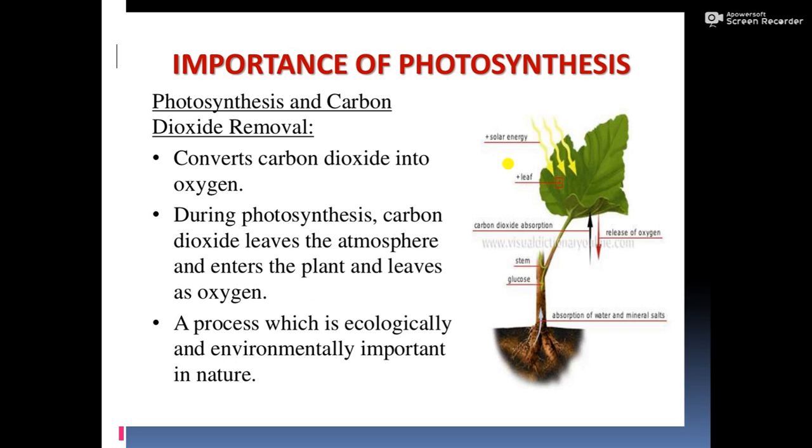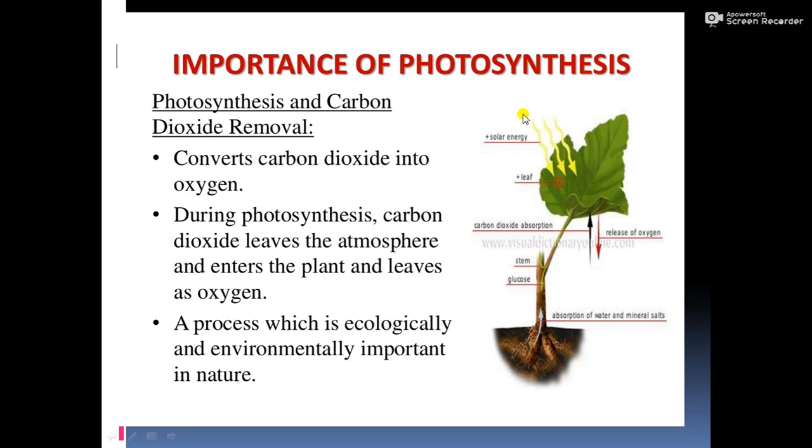Now, photosynthesis and carbon dioxide removal. It is another importance of photosynthesis. First, it converts carbon dioxide into oxygen. During photosynthesis, carbon dioxide leaves the atmosphere and enters the plant, and leaves the plant as oxygen to the atmosphere.